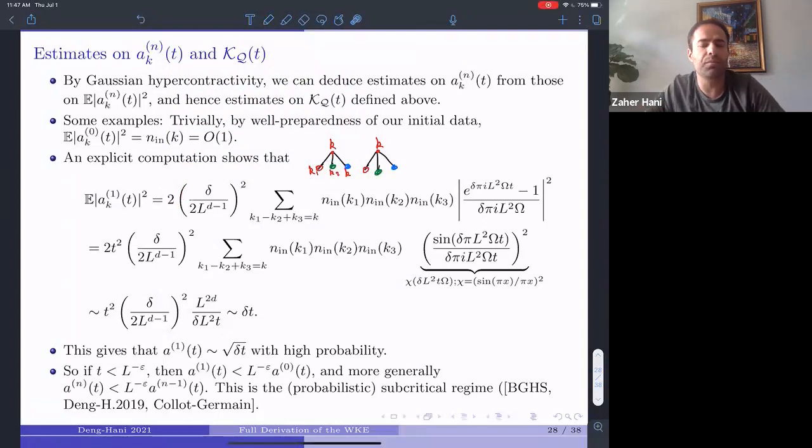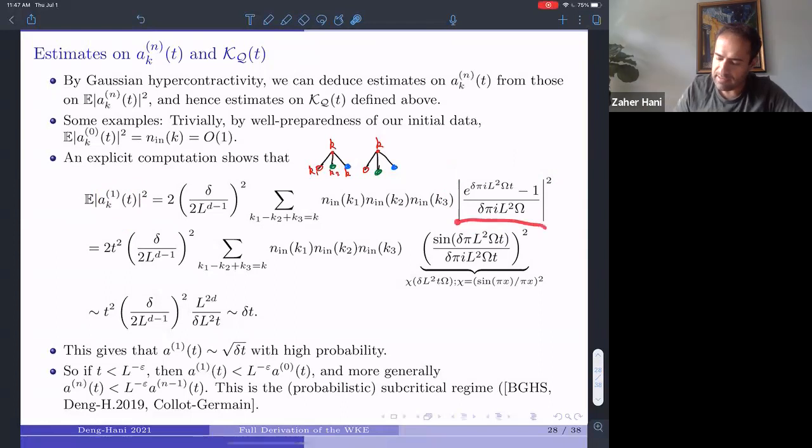So if you do this explicit computation, again, for |a_k1|^2, you would get this expression, which is exactly what is obtained by essentially doing a pair by pair squaring of the iterate a_k1 that I wrote for you a few slides before. Okay, so you do this computation, you get this factor squared, and then you notice that this factor is nothing but sine of a constant times omega, over omega squared. So if I define this function chi, which is sine pi x over pi x squared, this is an L1 function.